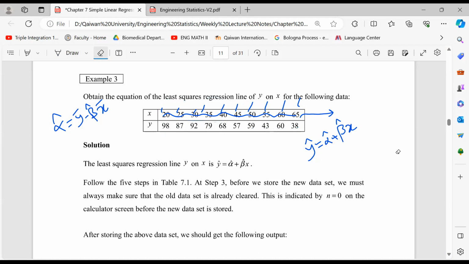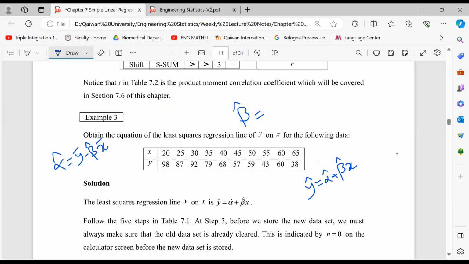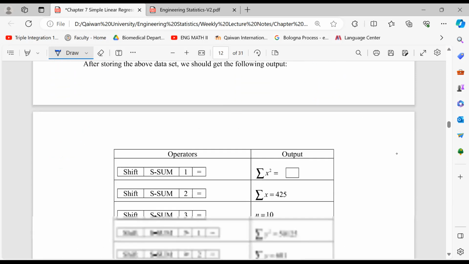Then we must find beta hat as well. Beta hat is s sub xy divided by s sub xx. We applied how to find these in the sample that we took before.